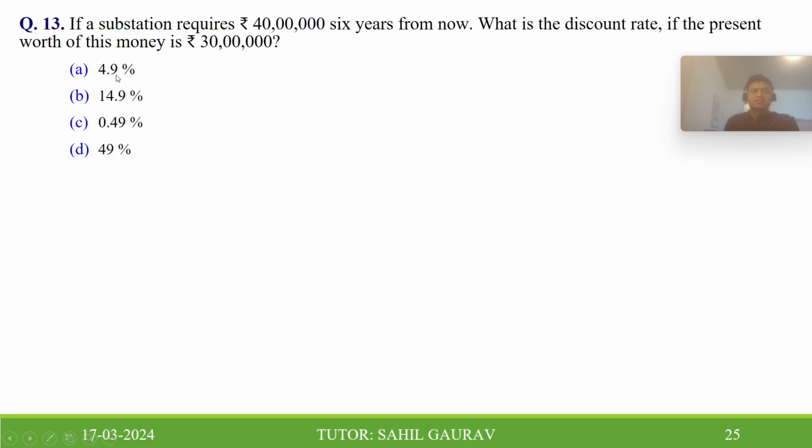The next problem: if a substation requires rupees 40 lakh 4 years from now, what is the discount rate if the present worth of this money is rupees 30 lakh?